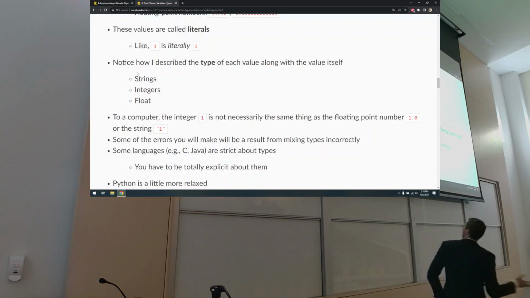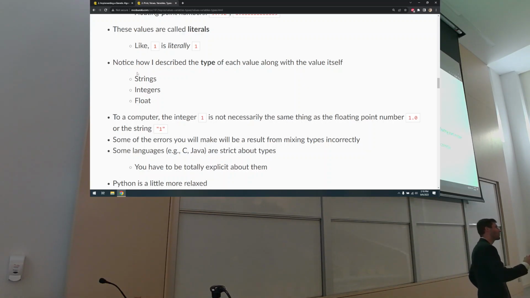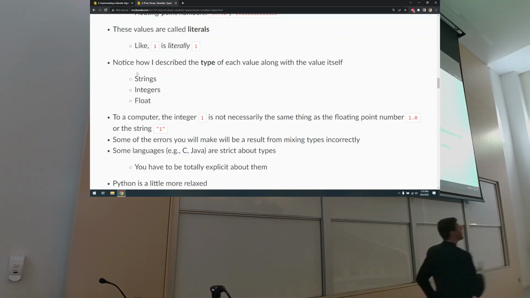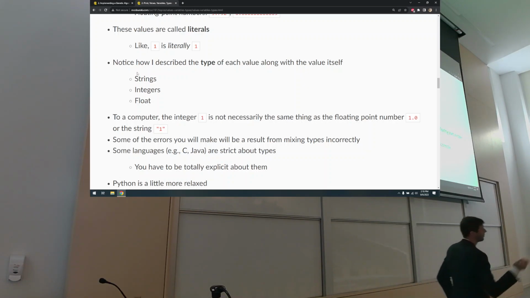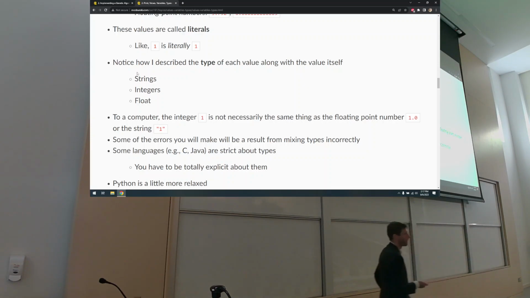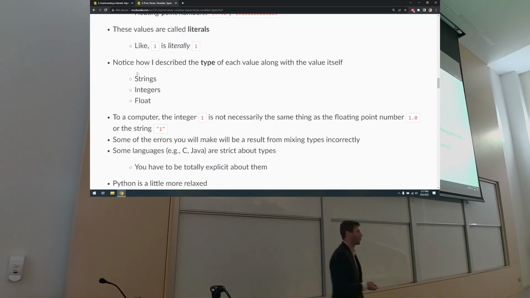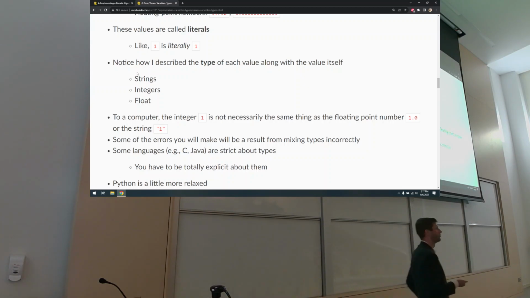Whenever you make a value in some of those other languages, you have to specify the type when making that value. In Python, you don't. It just figures it out for you. But that could also be a problem because you might accidentally mix up your types and cause some bugs. A famous one is 1 plus 1 is 11.